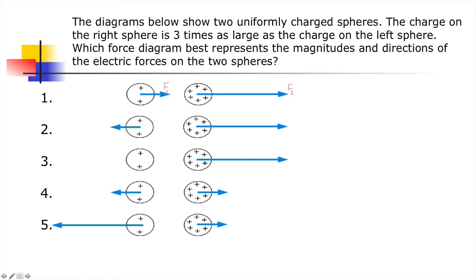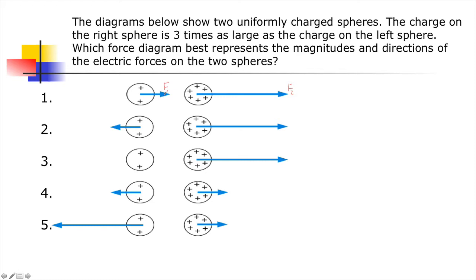We already mentioned that there is an attraction or repulsion force between charged objects, and in this case you have two positively charged objects. One has a charge of, let's say, 2, and the other one has a charge of 6 positive charges.